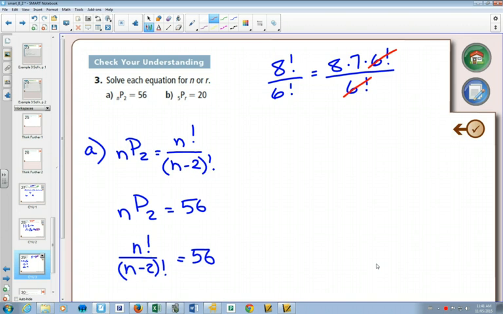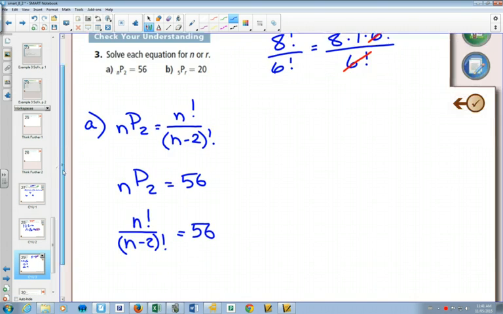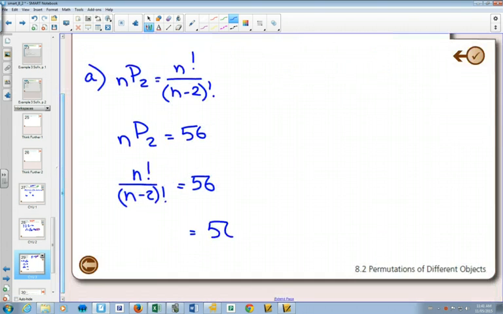So what we do is we do the same thing we would do with numbers. We start expanding it. Well, when I start expanding it, it's going to be n times what's 1 less than n? n minus 1. And then what's 1 less than n minus 1? n minus 2.